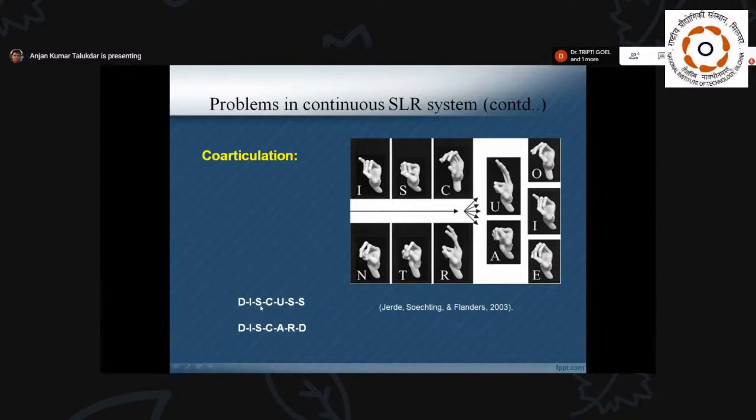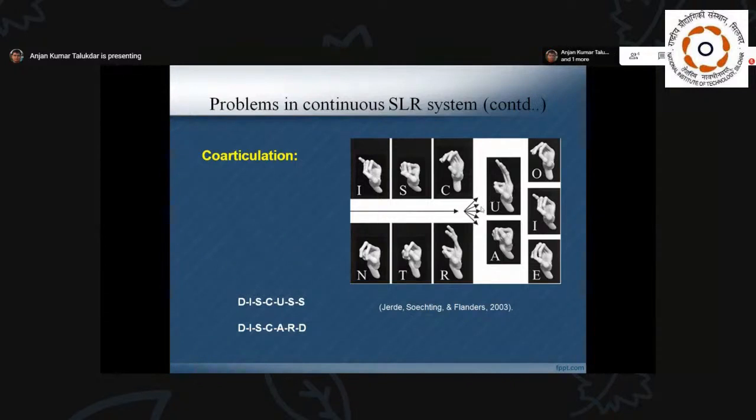In discuss, C is followed by U, and in discard, C is followed by A. In both these cases, the articulation of the letter S will be different because of the problem I have already mentioned, assimilation and dissimilation. This is the assimilation case, because they are almost similar, and this is the dissimilation case, where there is a significant difference.